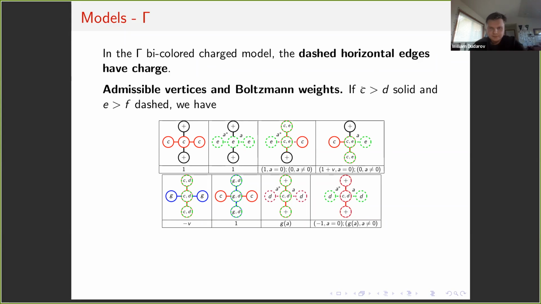C is greater than D, these are solid colors, and E is greater than that, those are dash colors. We have the following admissible vertices and the following Boltzmann weights for them, and they depend on a.